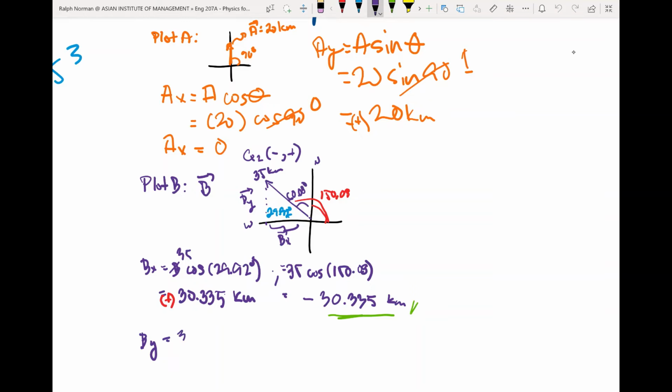So this is what, 35 sine, or just for the sake of showing lang, 22. And then here naman is 35 sine of 150.08.